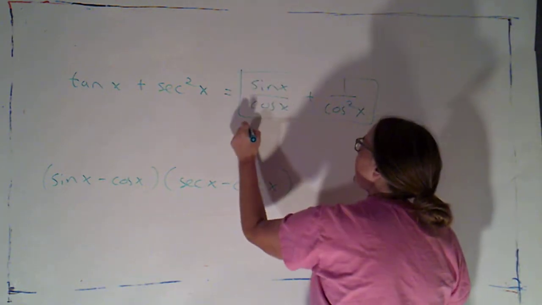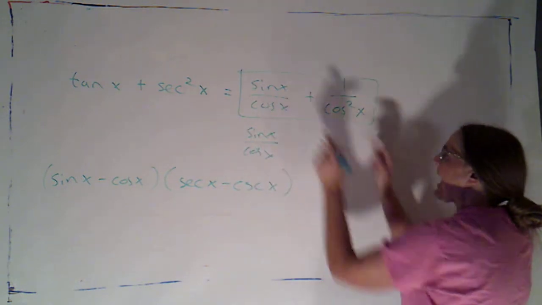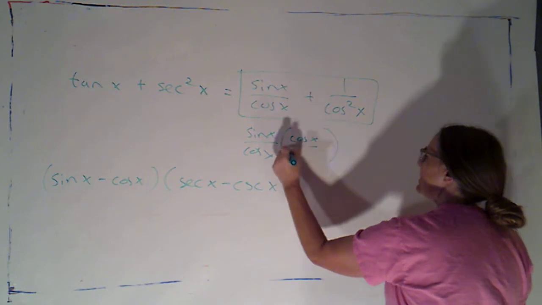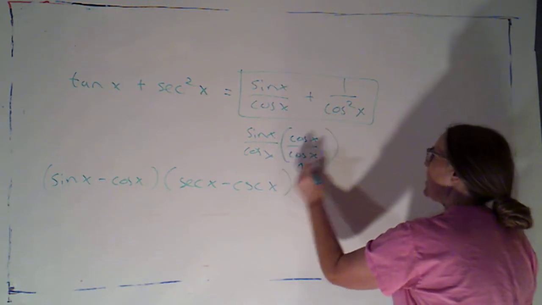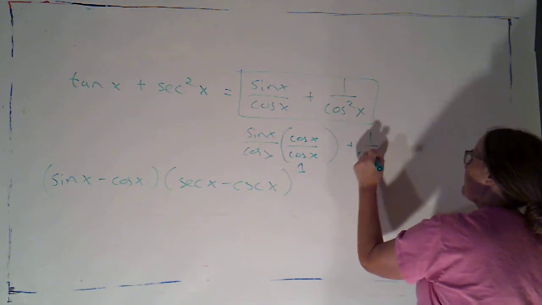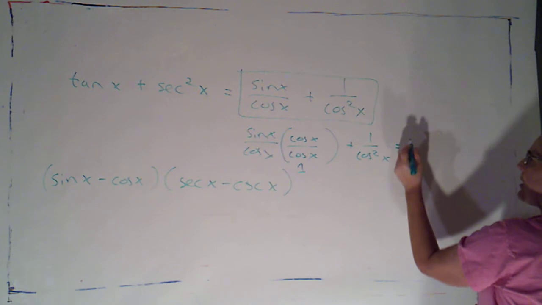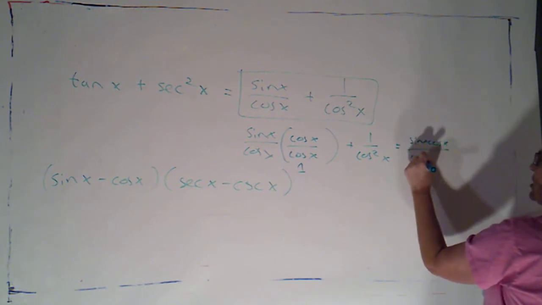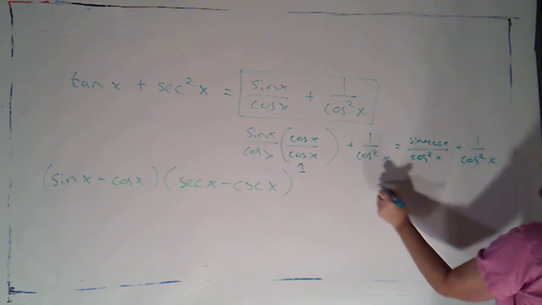But I could also say, hey, that's sine x over cosine x. If I wanted to be able to add these fractions, I'd need a common denominator. So if I multiply this one by 1 in the form of cosine x over cosine x, now I'm getting sine x cosine x on top, cosine squared x on bottom, plus 1 over cosine squared x.